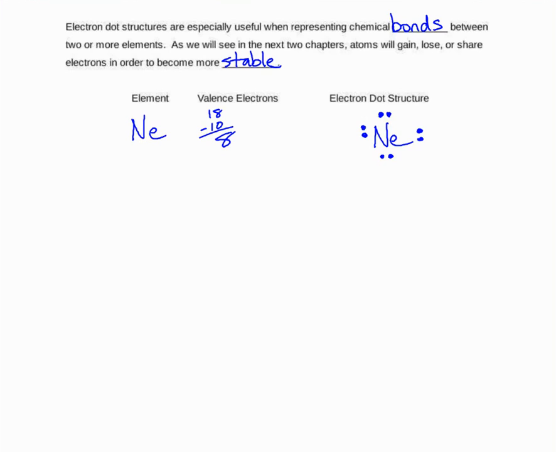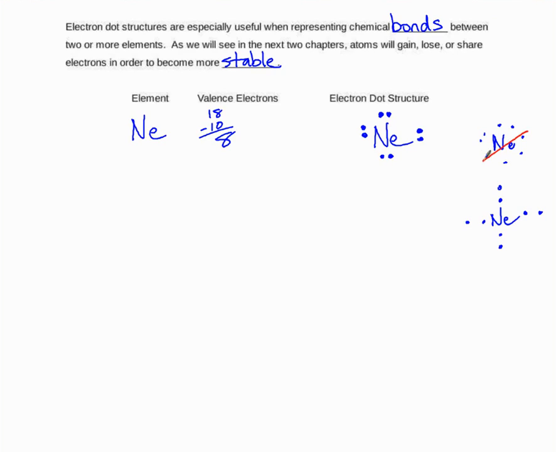It's important down the road. For now, I'll just say it's easier to read it when we do it like this, as opposed to if I just draw it like this. It's harder to see that this one has 8, and it's a little easier to see this one has 8. We also want to avoid something like this, where here's the neon and the valence electrons kind of shooting off like this.